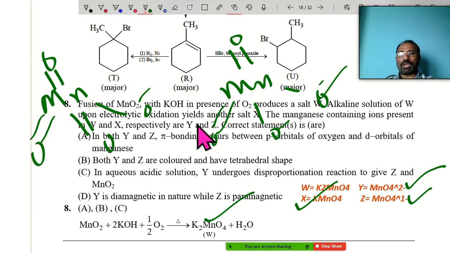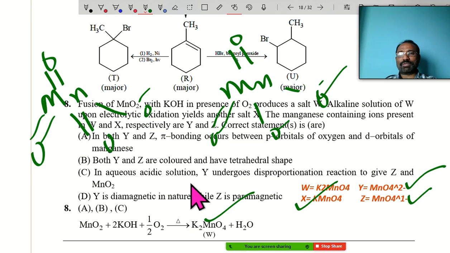Now observe all the options. In both Y and Z, pi bonding occurs between the p orbital of oxygen and the d orbital of manganese. That is the right statement. Next, both Y and Z are coloured and have tetrahedral shape. That is also a right statement.